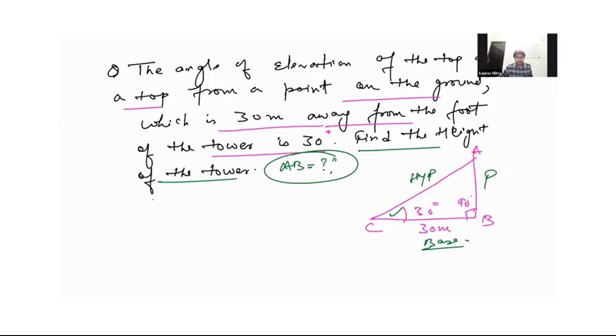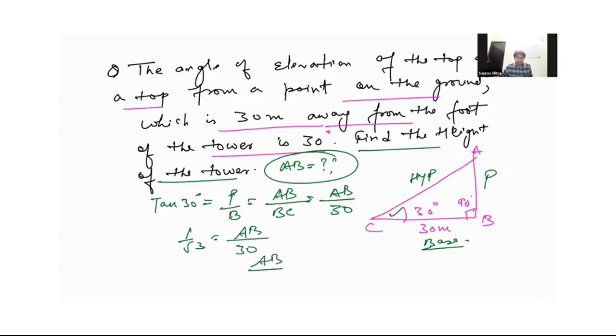So here we will use the trigonometric ratio tan 30. So tan 30 means P upon B. What is your P? P is given as AB, and base is here BC. So AB we have to calculate, BC we know it is 30, and tan 30 means 1 by root 3. So this is AB by 30. So AB value will be 30 by root 3.